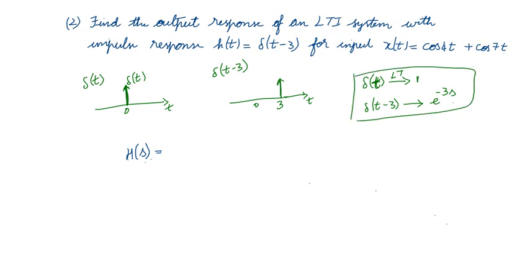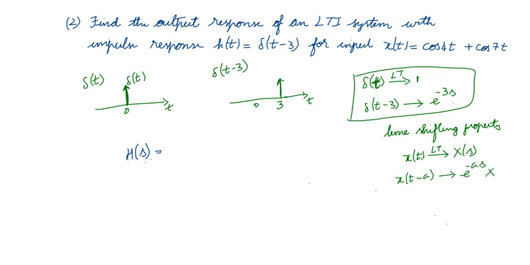This property is called the time shifting property. I can explain it using another example. X of t gives, using Laplace transform, X of s. If x of t is delayed by a time units, it is very simple: it is e power minus as times X of s.